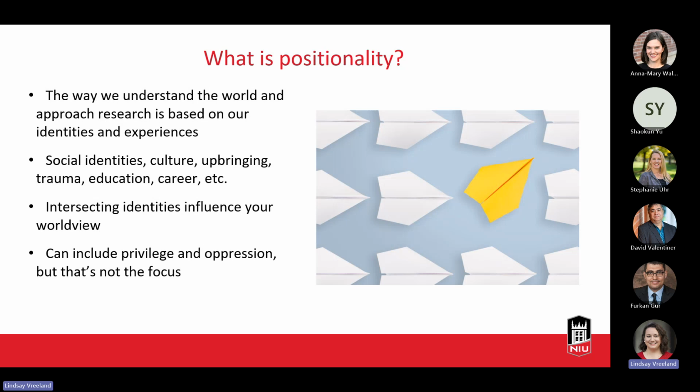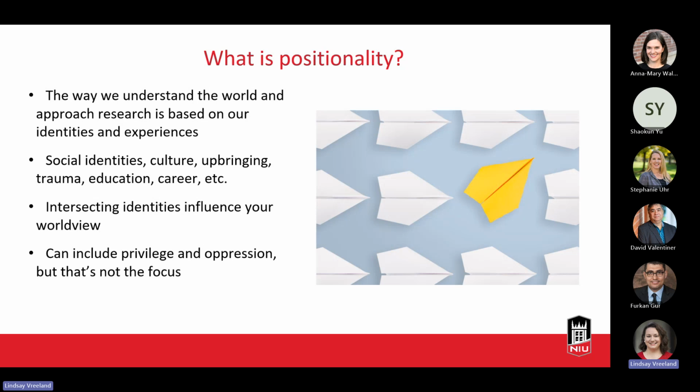This is aligned with standpoint theory. So our social identities, our culture, our upbringing, the trauma that we've experienced, the education, whether it's formal education or generational knowledge, the careers that we have, all of that is going to impact our positionality and how we view the world and how we view our space in it.